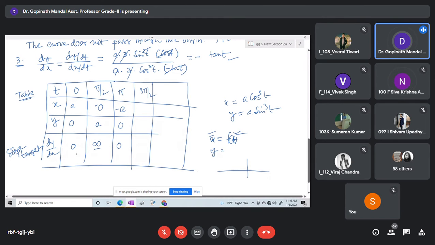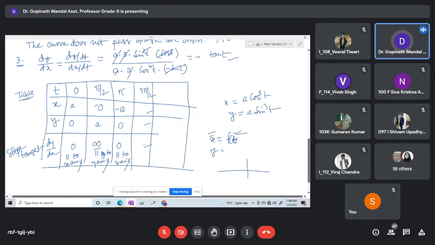That is 0, which means the tangent is parallel to the x axis. Undefined or infinity means the tangent is parallel to the y axis. Also 0 means parallel to x axis.